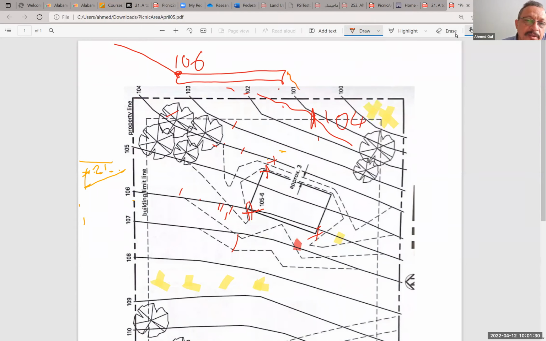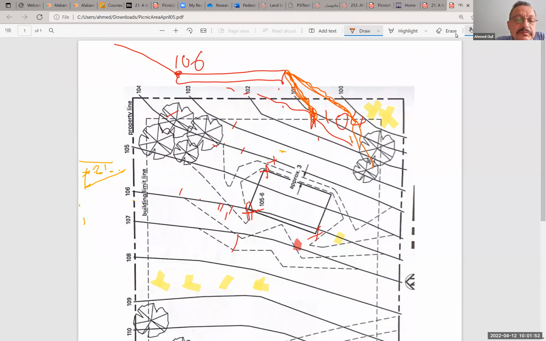Like from here, it will be sloped something like that. What we need to do is maybe move some more earth to this part, or make it a little bit higher like that, so the slope goes gentler and then starts to slope again.